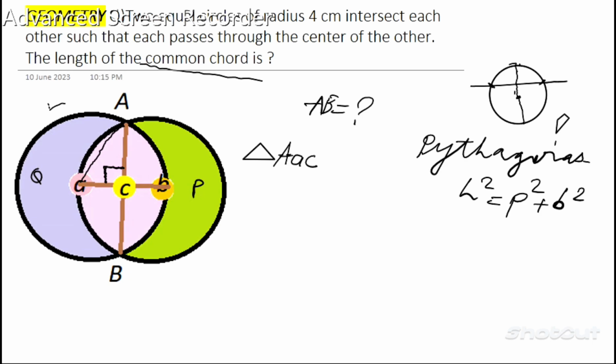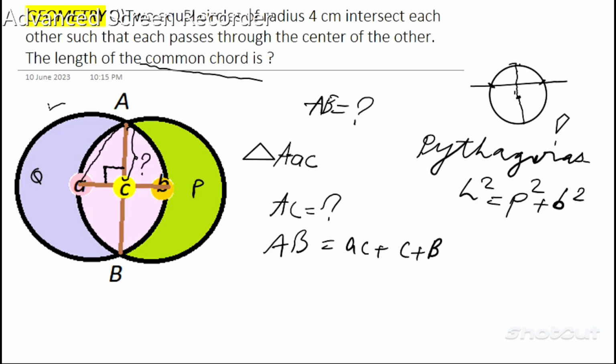Now we need to find AC. You've got to find this, because if you add AC twice, you would get AB, because it's apparent that AB is nothing but AC plus CB, right? All we have to do is to find this portion.